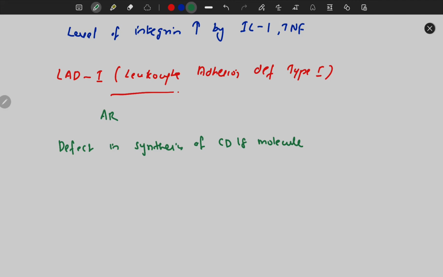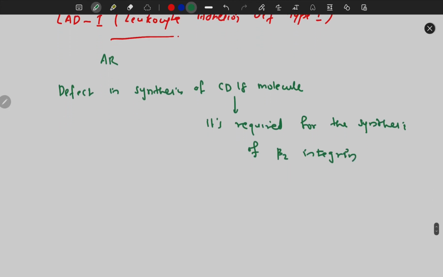This CD18 molecule is required for the synthesis of beta 2 integrin.